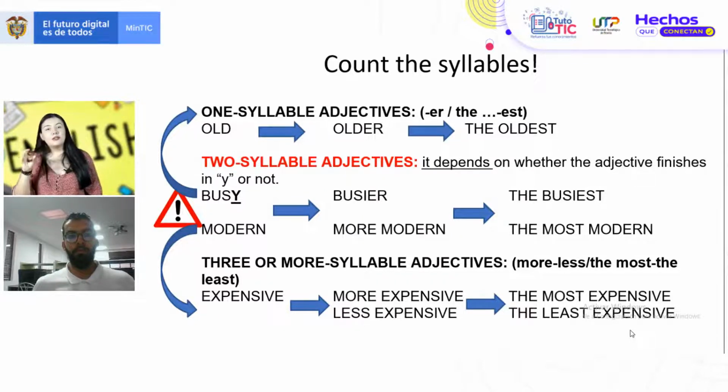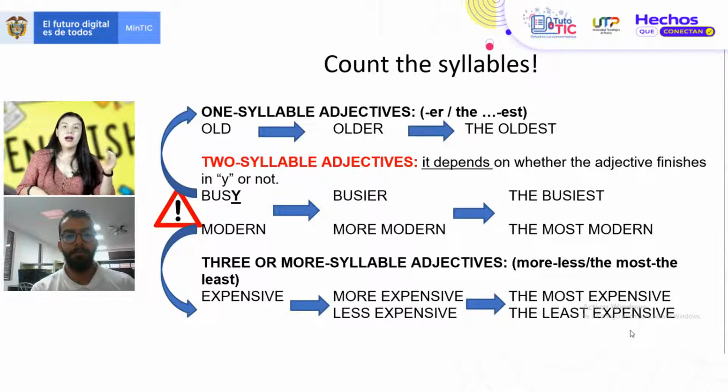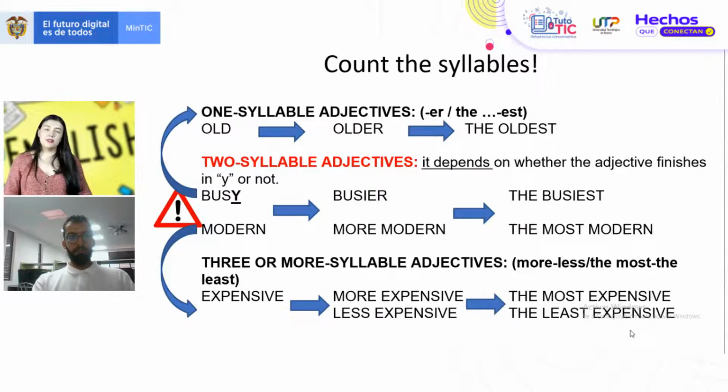Y ya no usamos la palabra than, que es para comparar, ¿cierto? Sino que usamos la palabra the, que está al inicio del superlativo. ¿Por qué? Porque recuerden que los superlativos se usan para decir que algo es el más o la más de su misma condición. Entonces vamos a ver cómo funcionan, ¿cierto?